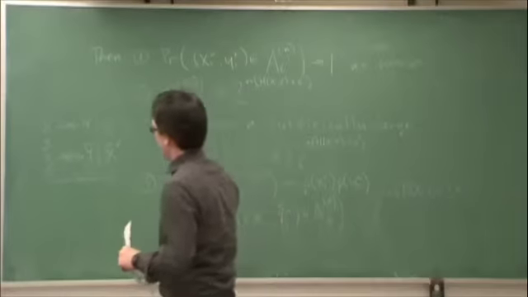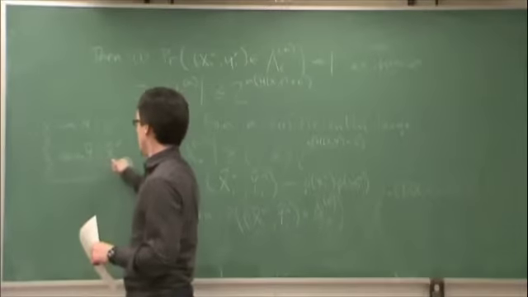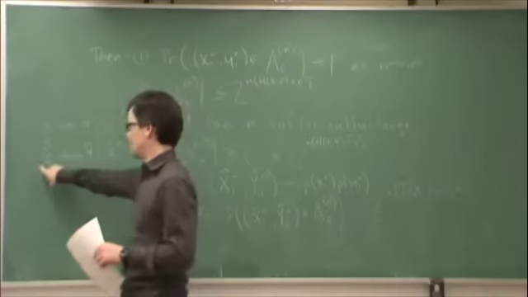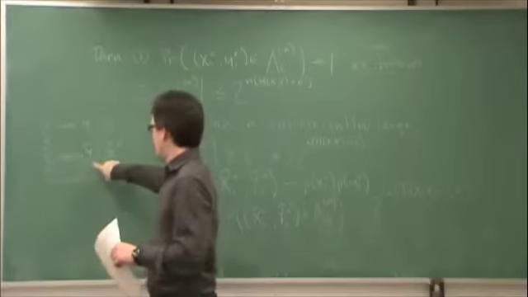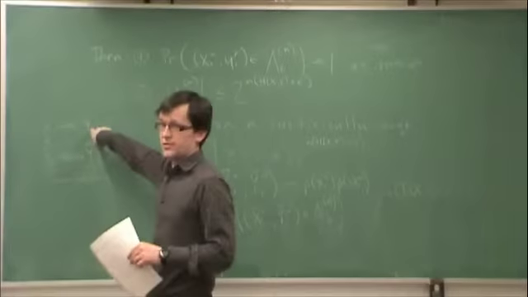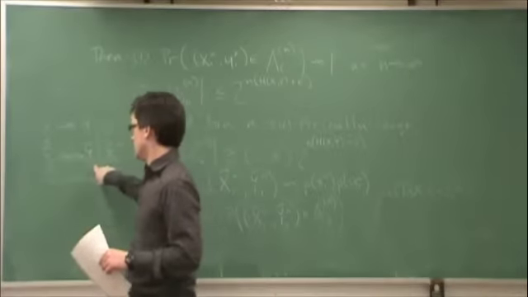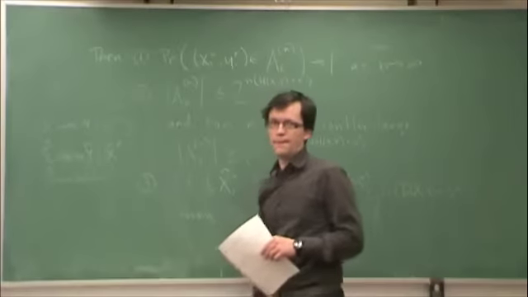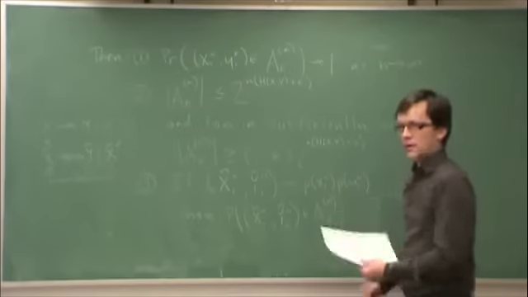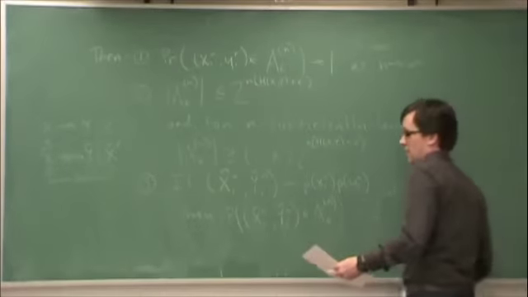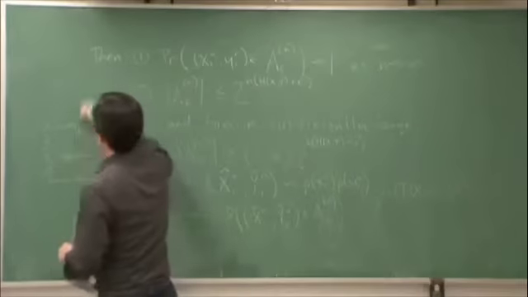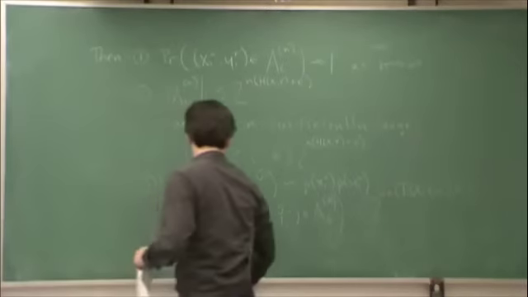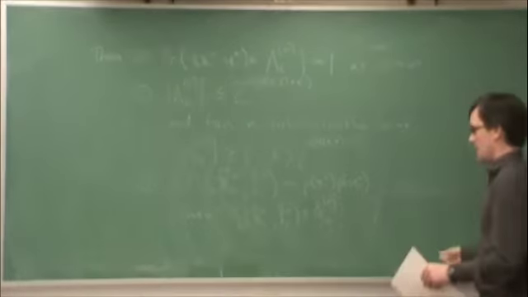So in other words, if x tilde has the same distribution as x, then y tilde would have the same distribution as y, even though x and y would be independent. All right.